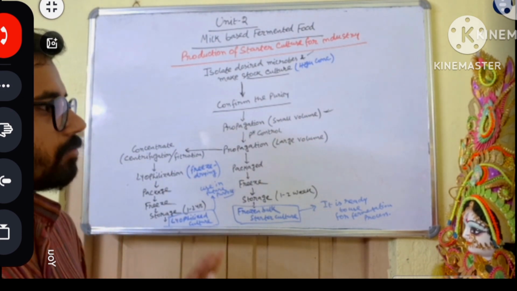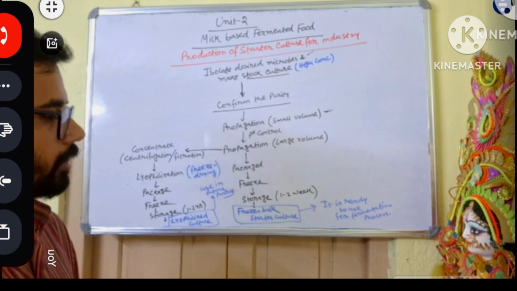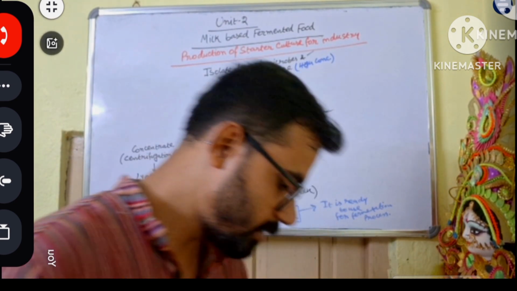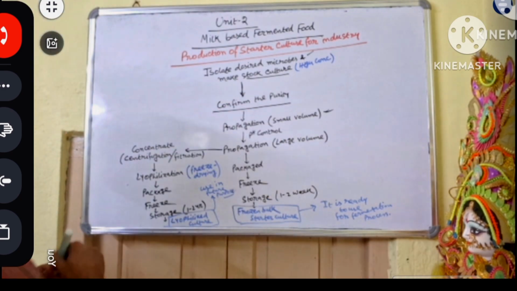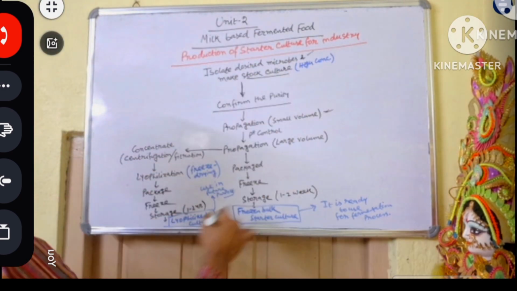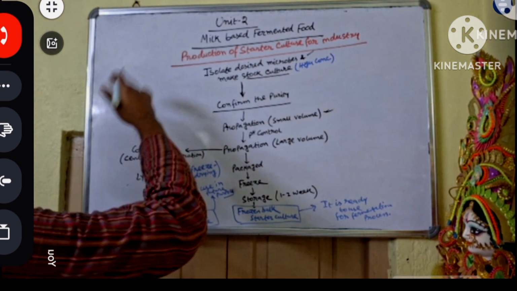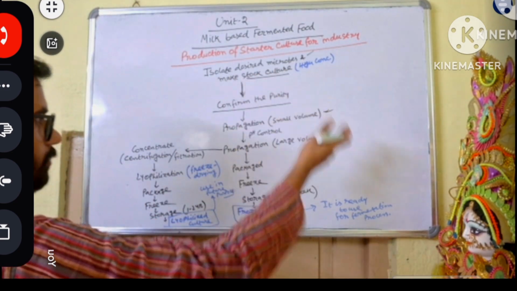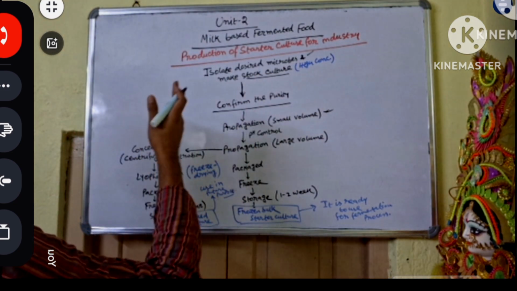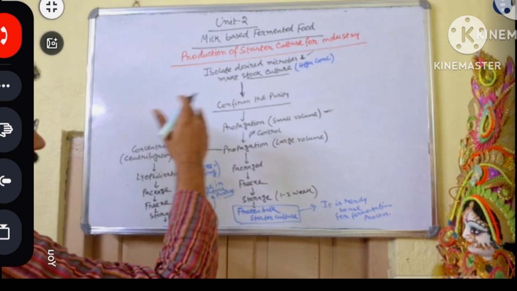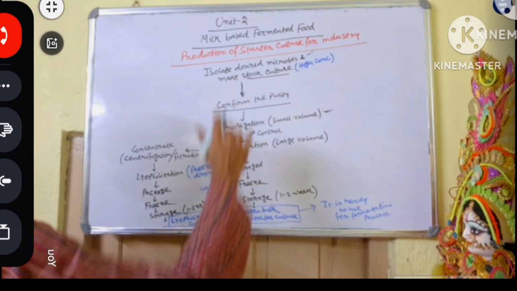So today is the basics of starter culture in dairy fermentation. Next day's class we will describe dairy starter culture particularly. It is the overall starter culture description, types and what a starter culture is, and the history behind why we shifted to starter culture, because the previous two methods, back-slopping and indigenous microbes, could not meet the proper standard.